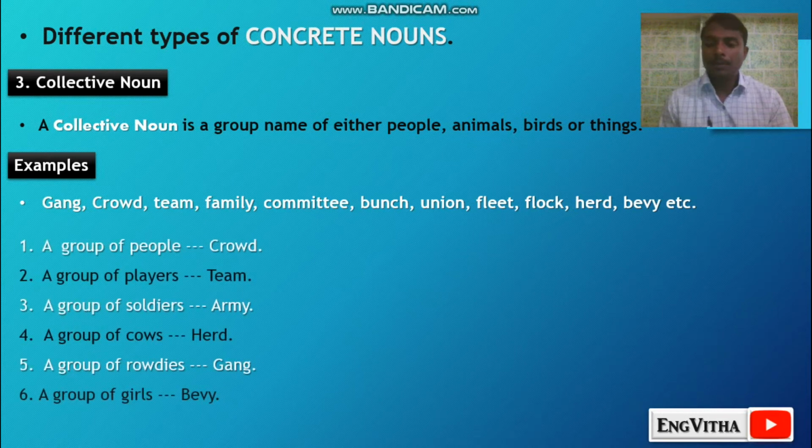A group of people is called a crowd, a group of players is called a team, a group of soldiers can be called an army, a group of cows can be called a herd, a group of rowdies we can call a gang, and a group of girls can be called a baby.